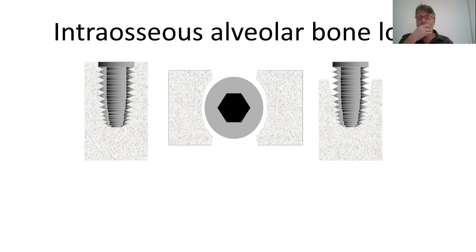Now, the problem is, if you want to stand any chance of getting any re-osseointegration around these implants, you have to decontaminate the surface, because the surface will be covered with pyrogens and toxins.